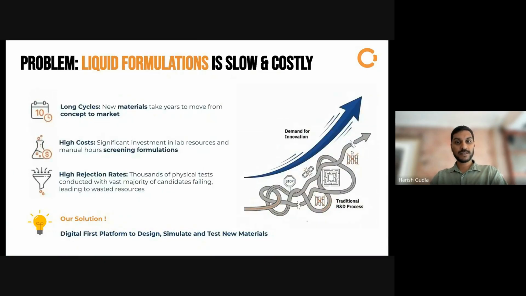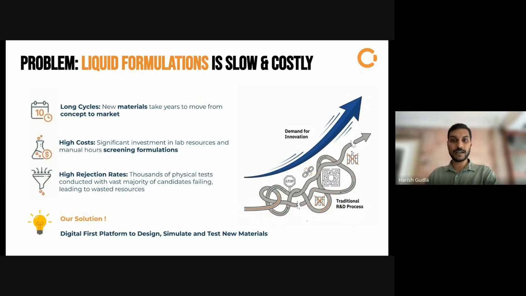So what we try to address at Compular is that the traditional R&D process, especially in the field of liquid formulation, is quite slow. It takes years or decades to get new materials to the market, and it takes very high cost when we try to screen through thousands of formulations.